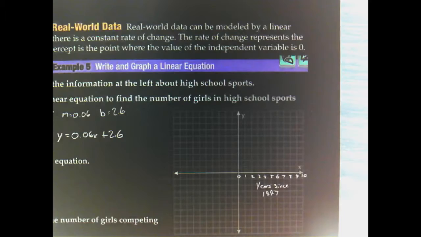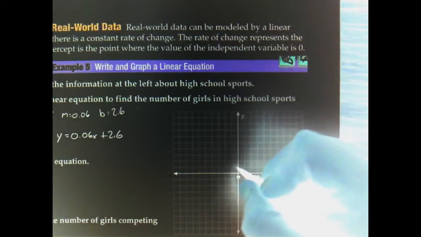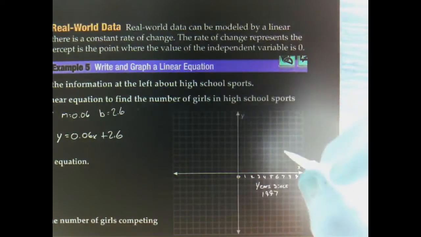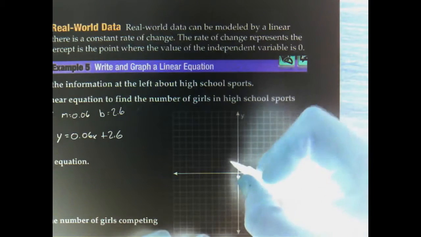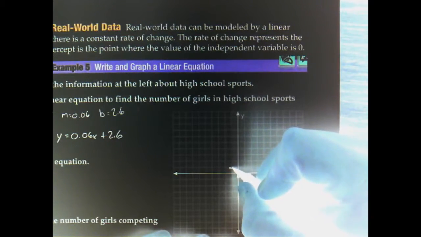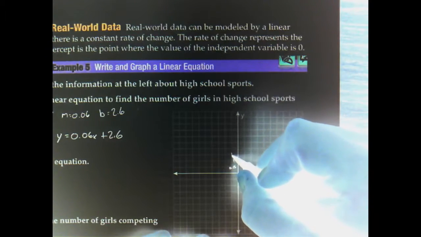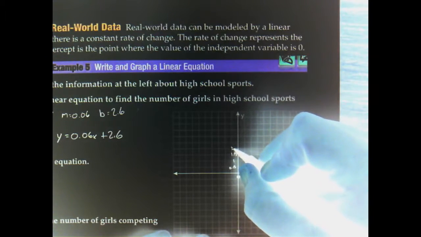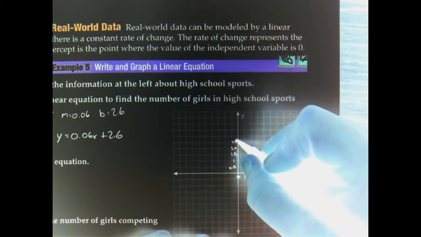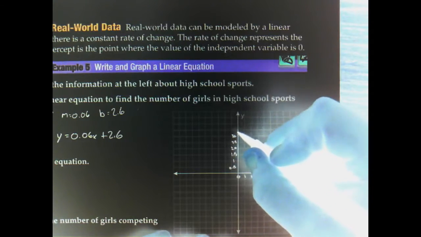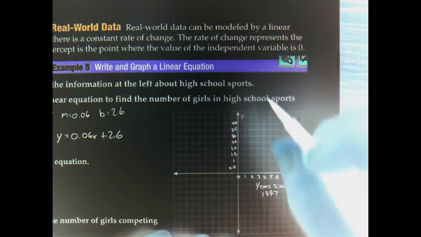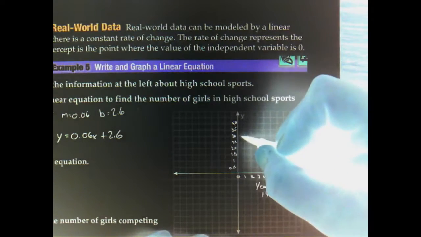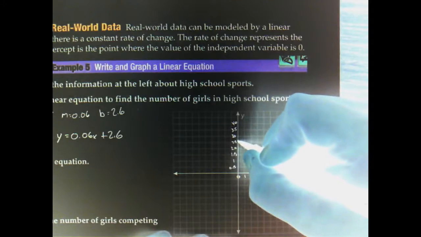Let's go by 500,000 maybe. So we'll go 0.5, 1, 1.5, 2, 2.5, 3, 3.5, and 4. So we start at our initial value of 2.6, which is about here.